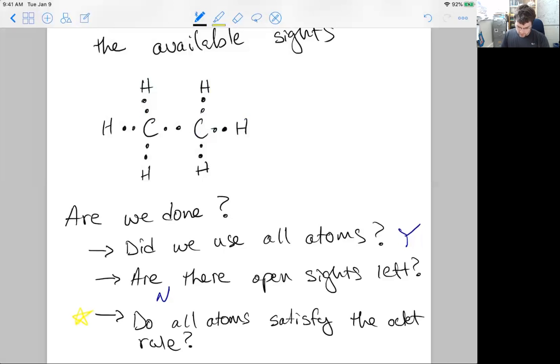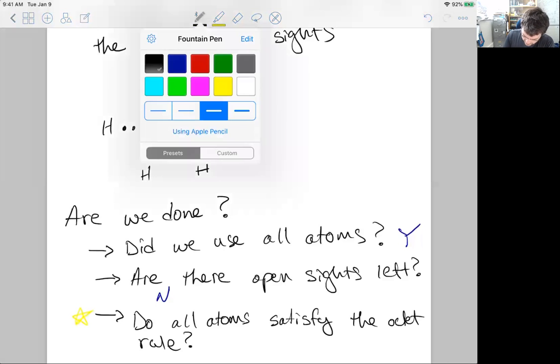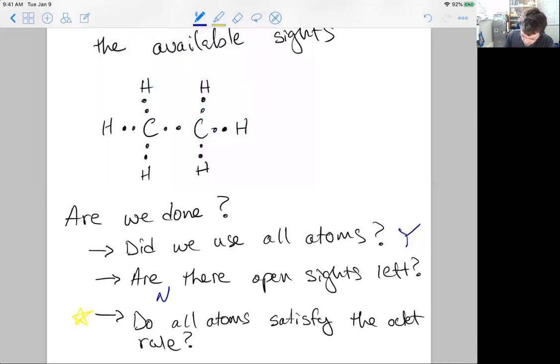Okay, so for all atoms to satisfy the octet rule, we would have to have a combination of 2 electrons around the hydrogen atoms, or 8 electrons around the carbon atoms. Now, if you look and count, each of those 2 carbon atoms does have 8 electrons, and each of the hydrogen atoms is forming a 2-electron bridge to another carbon atom. So it has 2 electrons matching the electron configuration of helium. So all of the atoms satisfy the octet rule.